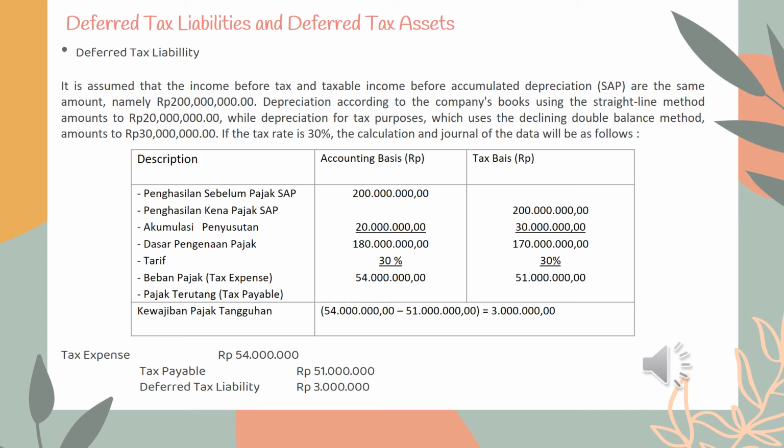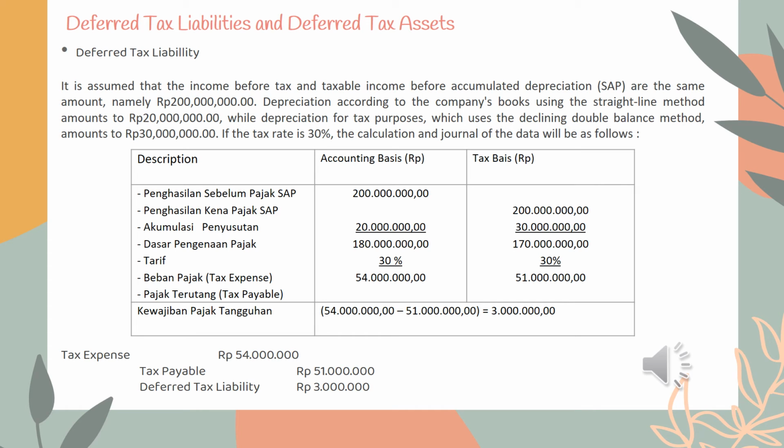For the accumulated depreciation, the book value is 20 million as the question said, using the straight line method. And for the tax basis, it is 30 million rupiah because it used the double declining balance method. And because of that, the book value and the tax basis are also different.